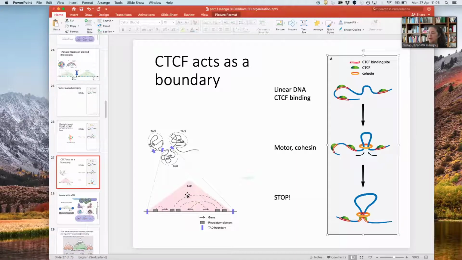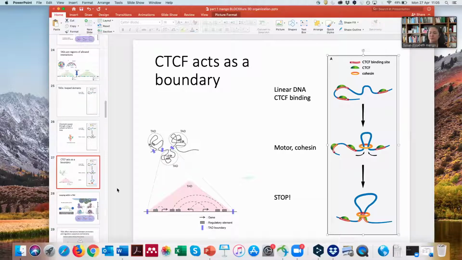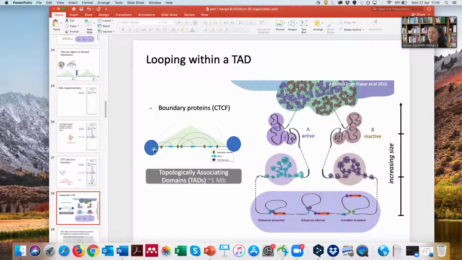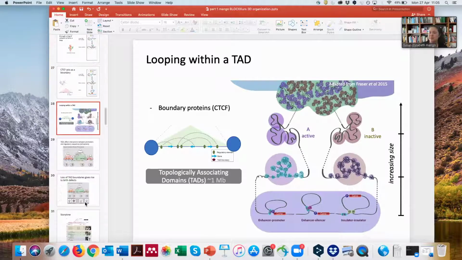Now this can interact. This is the TAD, and this is the TAD. But it's separated from these other TADs. And so this is just to illustrate again that we have the CTCF boundary that blocks the interaction in space.